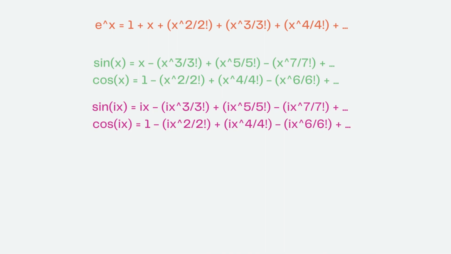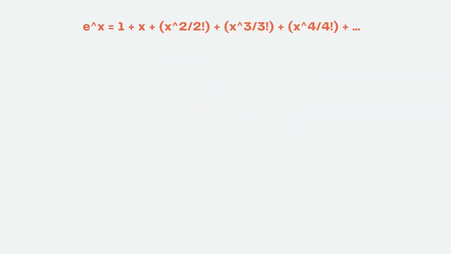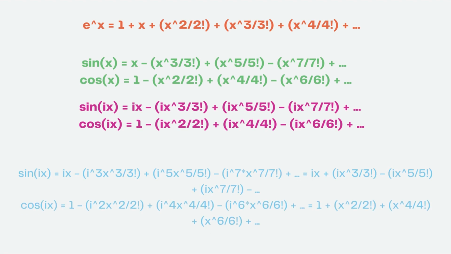Now, we replace x in the expansions of sine and cosine with ix, where i is the imaginary unit. By substituting ix for x, we introduce the imaginary unit into the expressions. Since i squared equals -1, we can simplify the expressions further. Here, we use the property that powers of i cycle through i, -1, -i, and 1.